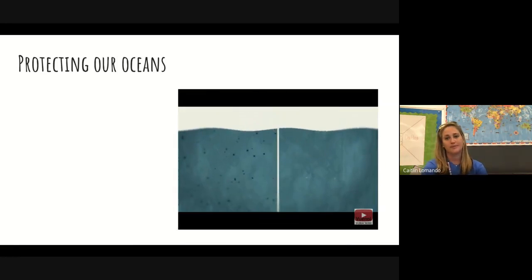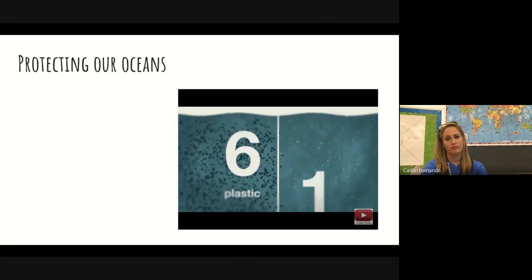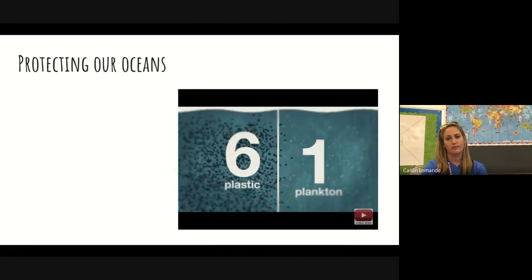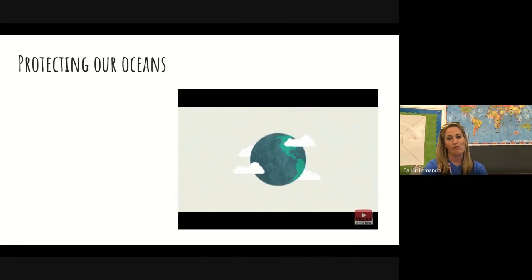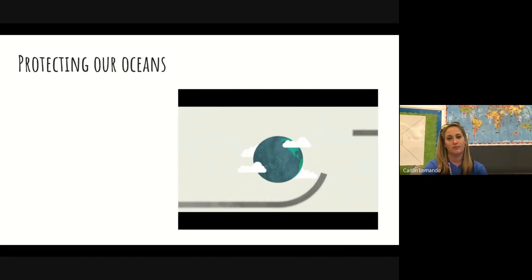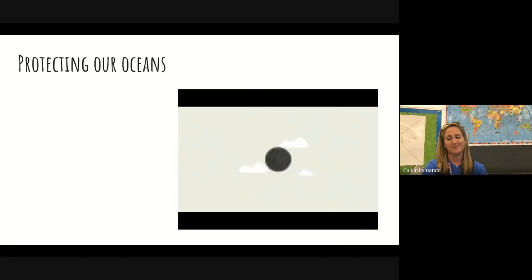In some areas, the amount of plastic outweighs the amount of plankton, the lifeblood of the ocean, by a ratio of 6 to 1. We are literally wrapping our oceans in a layer of plastic that not only threatens marine life, but mankind as we know it. It's time to take a stand.